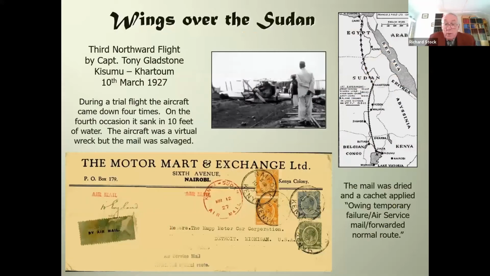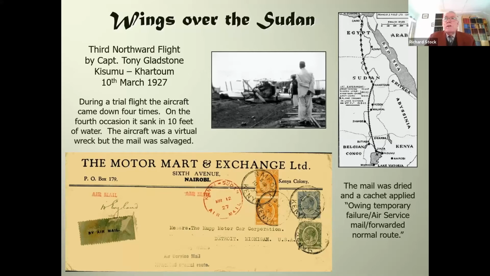Another example of illustrating an incident. On the third northward flight, this was the series of proving flights to establish whether it was feasible to have regular flights between Khartoum and Kisumu, the plane came down 4 times, with all the mail bags on board.